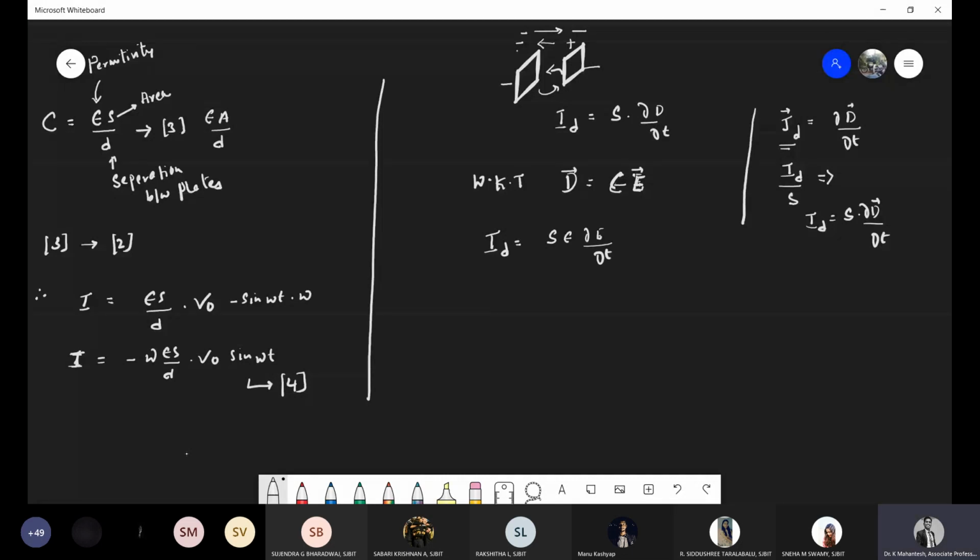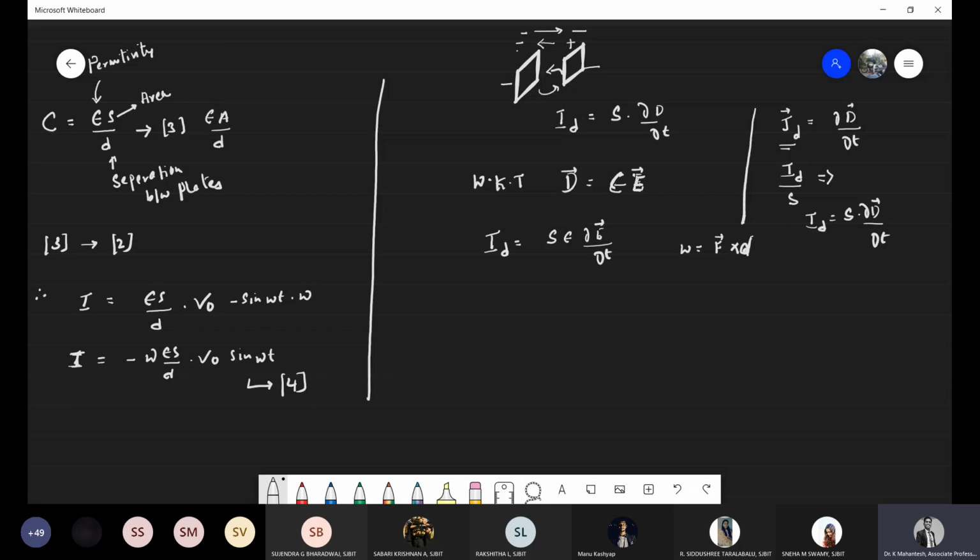But what is E equal to? The electric field E with respect to that capacitor is E equal to V by d. How? Work done is equal to force into distance, that is, force into displacement.